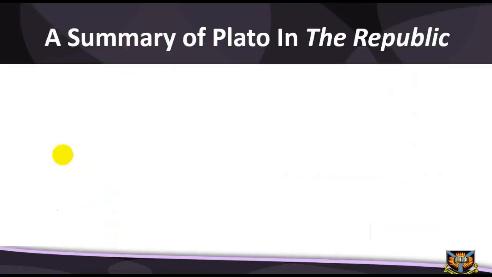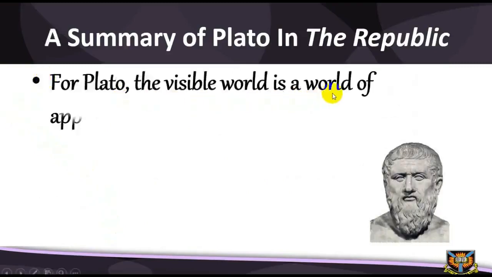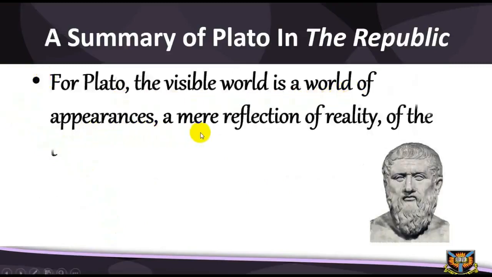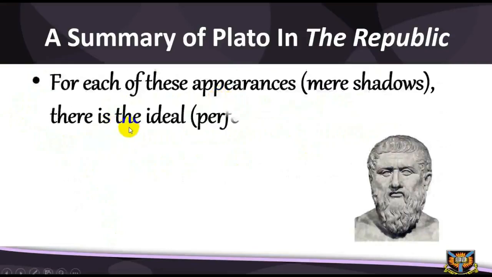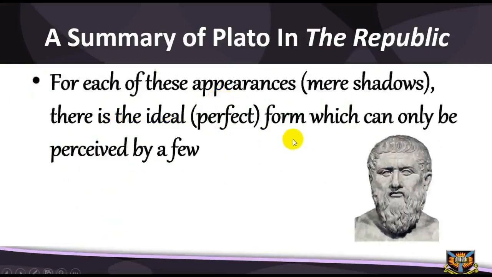For Plato, the visible world is a world of appearances, a mere reflection of the true world. For each of these appearances, that is the mere shadows, there is the ideal form, that is the perfect, which can only be perceived by a few.